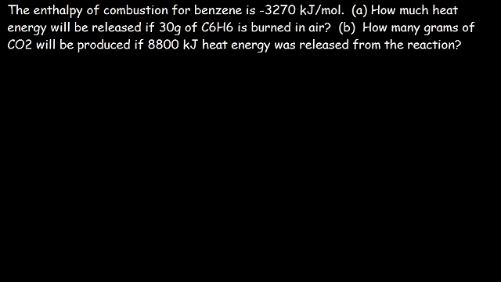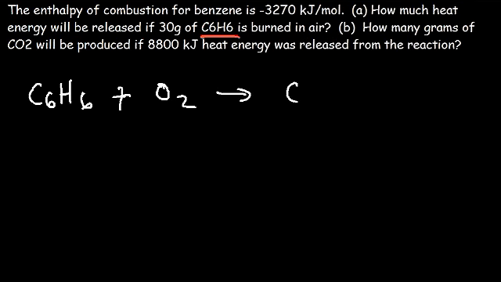So let's start with benzene, which we know is C6H6. Now, it's burned in air, so it's going to react with the oxygen molecules in the air. And in any combustion reaction, we're always going to get CO2 and water as the products. So we need to balance the reaction.